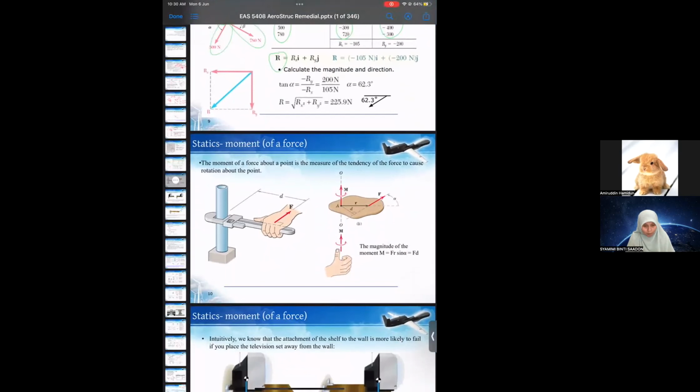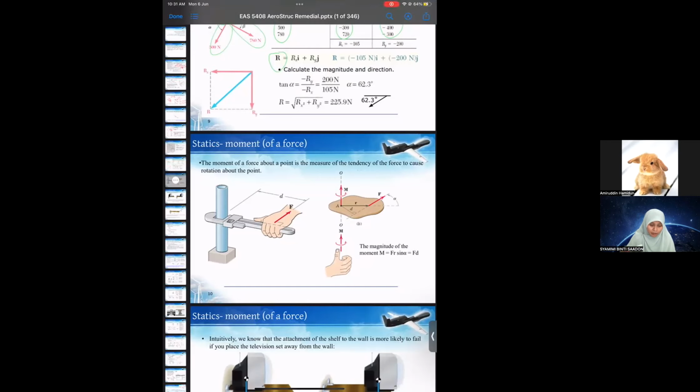Okay, next is moment. So what is moment? Moment of a force about a point is the measure of the tendency of the force to cause rotation about the point. Moment is when a force acts on particles or on a material, and the force causes a rotation, a movement.